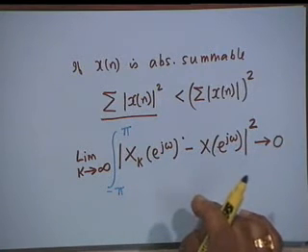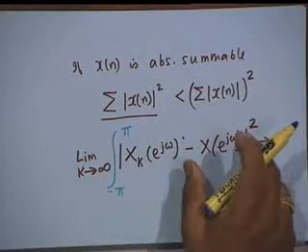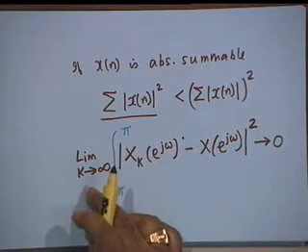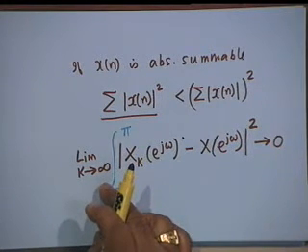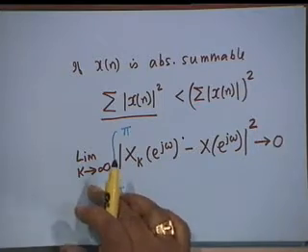This is another way of satisfying the existence of Fourier transforms. First we said absolutely summable sequences have a Fourier transform, but it is only a sufficient condition. Then square summable sequences also have a Fourier transform, and the error criterion is this: the error squared, as k goes to infinity, in the energy in the frequency domain tends to 0.